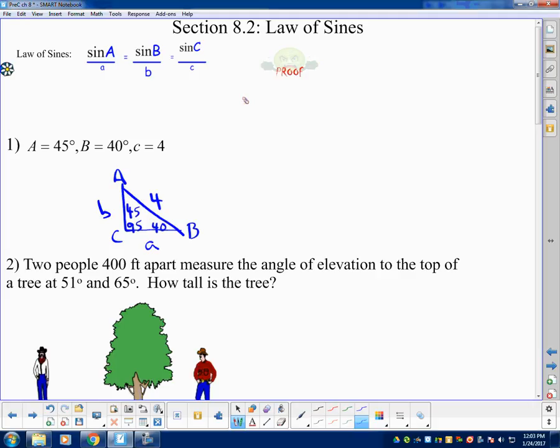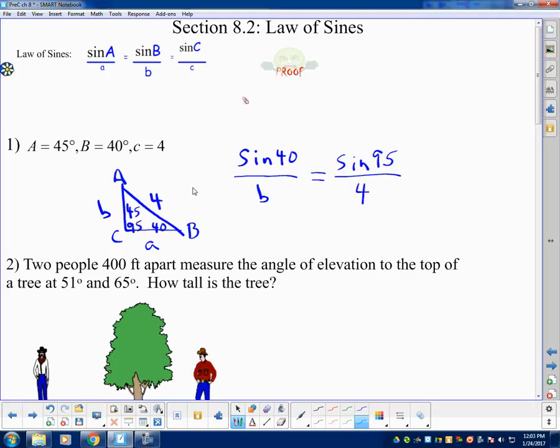Sine of 40, that's right, sine of 40 over B equals, now I got to make sure that the other half of my proportion, this other ratio that makes up the other half of my proportion, involves known angles and side lengths. So we have to use sine of C. So sine of 95 over 4.